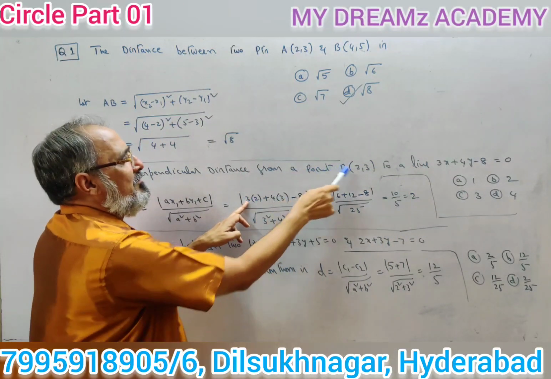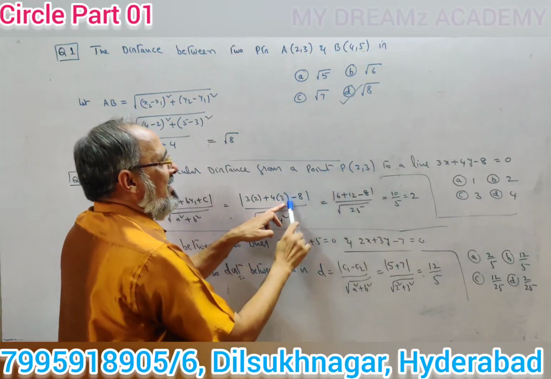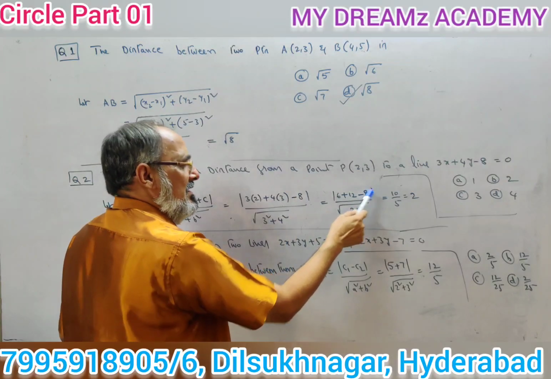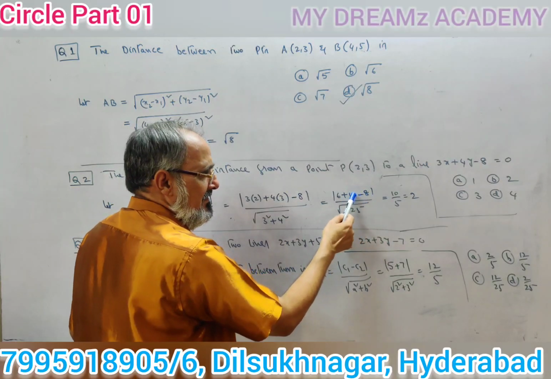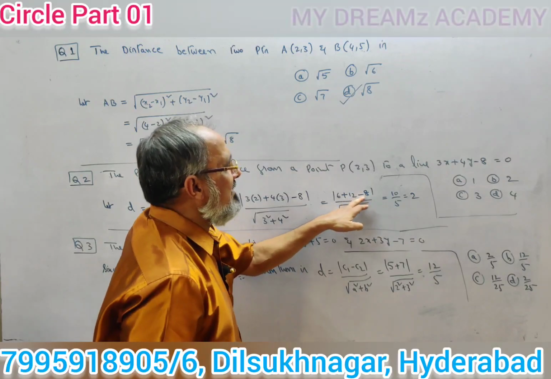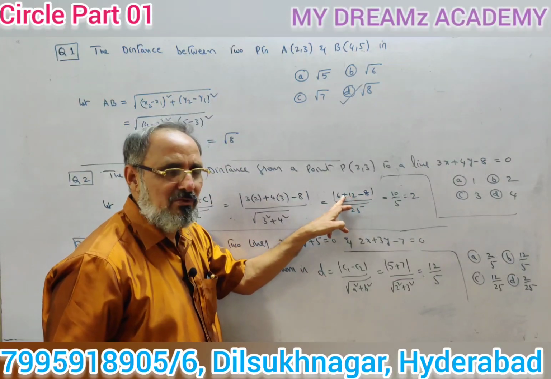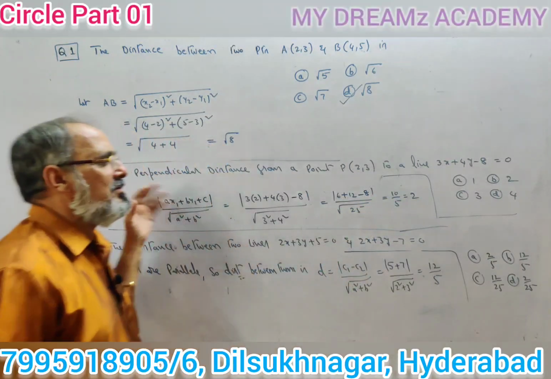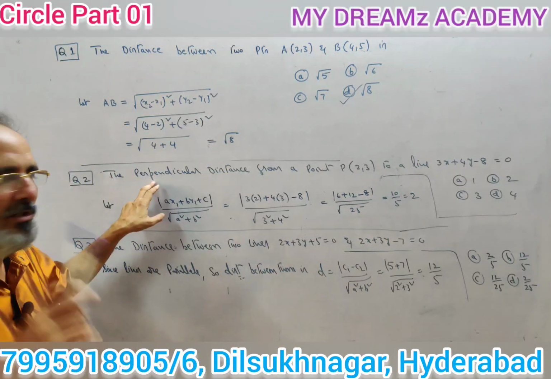So 3 into 2 plus 4 into 3 minus 8. So 6 plus 12 minus 8, 18 minus 8 is 10, 10 by 5 is 2. So this is the format for distance from a point to the line.